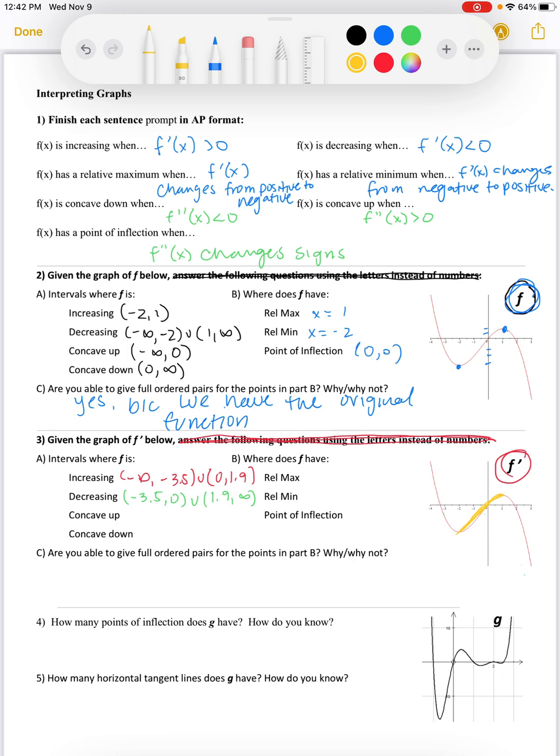So this is going to be concave up from -2 to 1. And then it's going to be concave down whenever I have negative slopes. So that's going to end up being from negative infinity to -2 and from 1 to positive infinity.